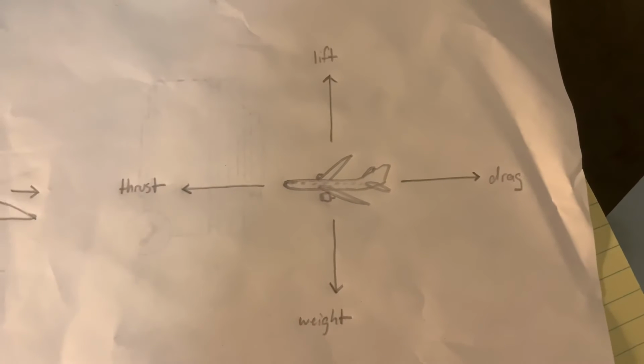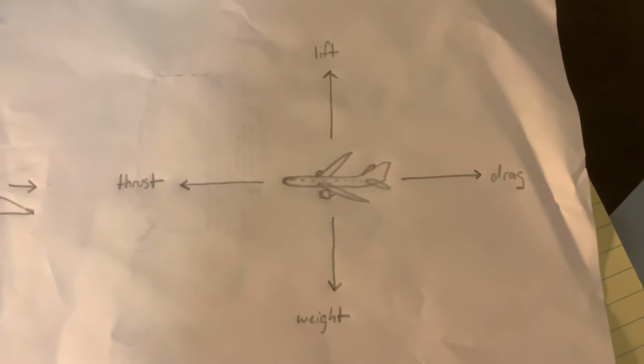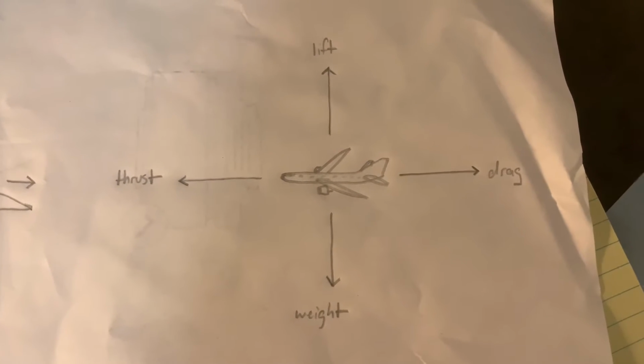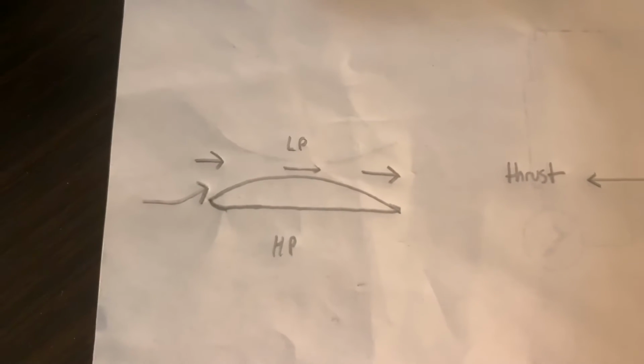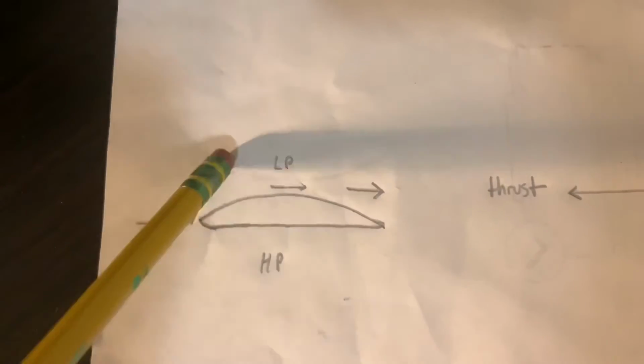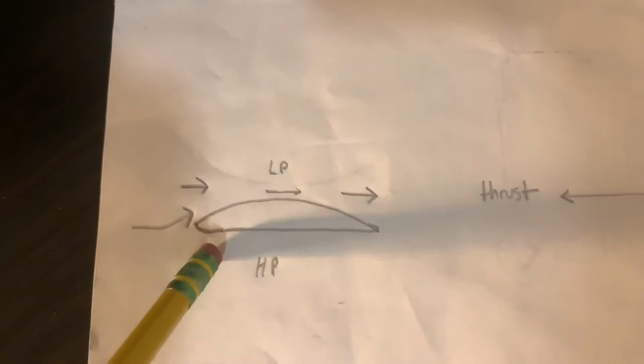The other three are thrust, weight, and drag. The way we get off the ground is we want thrust. The faster the airspeed, the more differential of pressure there is until we're finally able to lift off the ground with enough power.